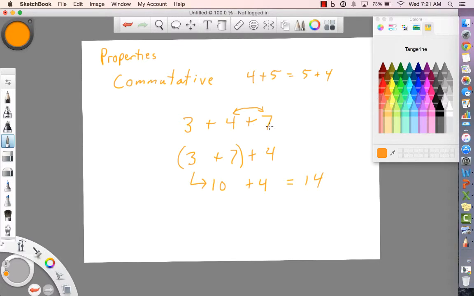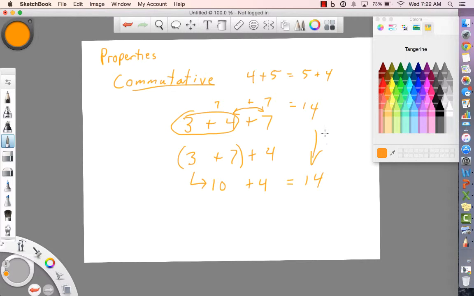If I add 4 plus 7, I get 11. If I add 7 plus 4, I get 11. But since I can move them around, I can change the order because of the commutative property. 4 plus 5 is 9, and 5 plus 4 is 9. It doesn't change it. So if I were to add this one up, 3 plus 4, I get 7, and 7 plus 7 is still 14.